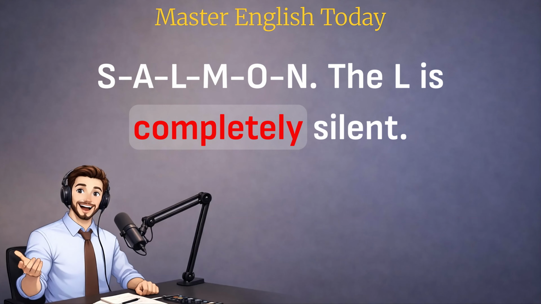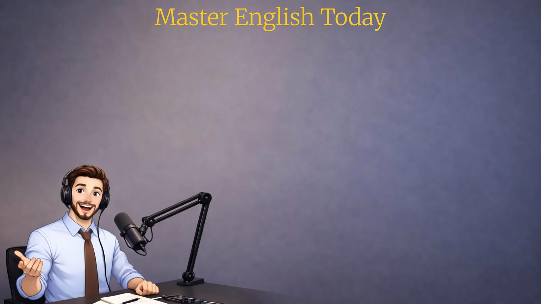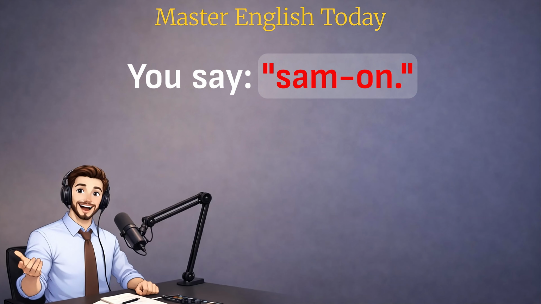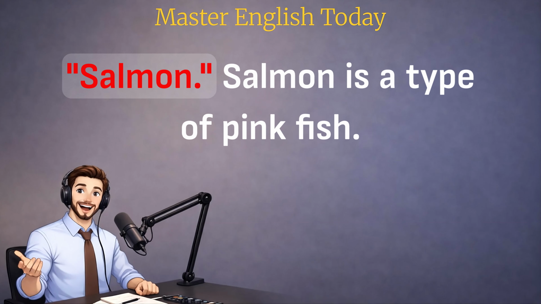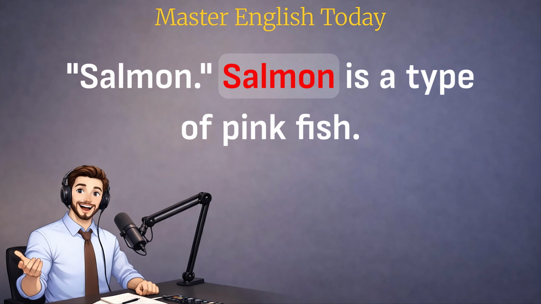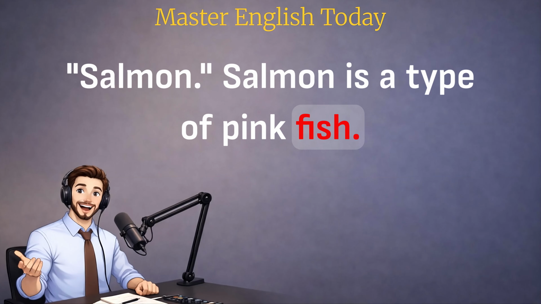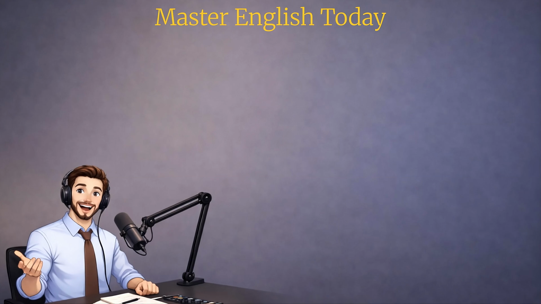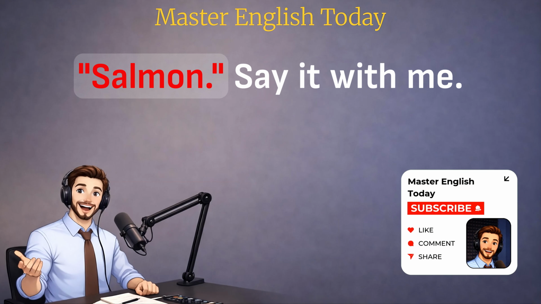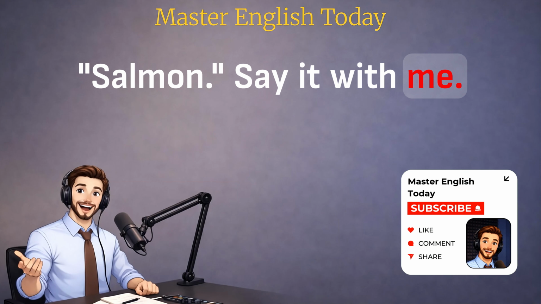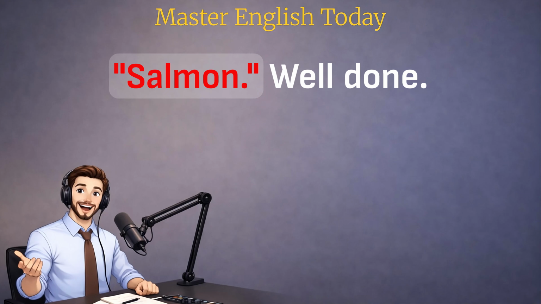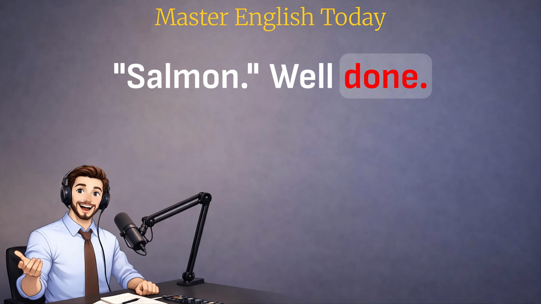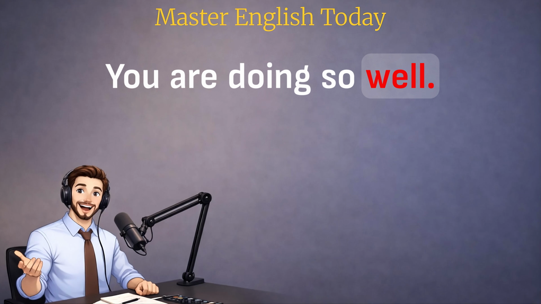The L is completely silent. You say salmon. Salmon is a type of pink fish. It is delicious. Now you repeat. Salmon. Say it with me. Salmon. Well done. You are doing so well.